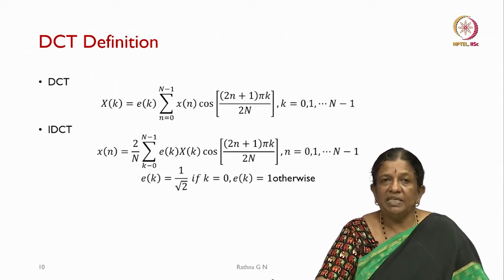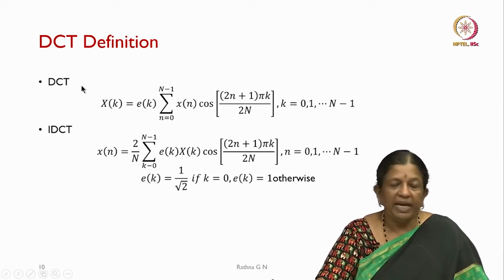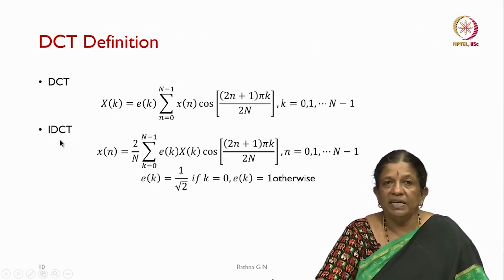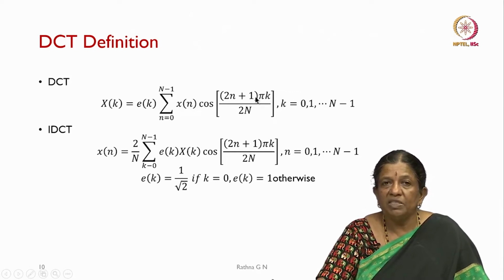Now we will see how we are going to implement this in hardware. To give again a flavor of what DCT and IDCT are, the code has been given, for the one dimensional case that we are considering. So, we have E of k equal to the sum over n equal to 0 to N minus 1 of x of n into cos of (2n plus 1) pi k divided by 2N.